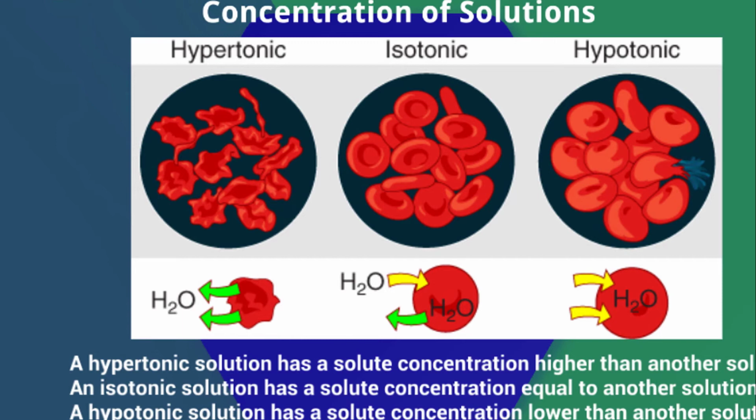Cells in a hypotonic solution will take on too much water and swell with the risk of eventually bursting. A critical aspect of homeostasis in living things is to create an internal environment in which all of the body's cells are in an isotonic solution. Various organ systems, particularly the kidneys, work to maintain this homeostasis.